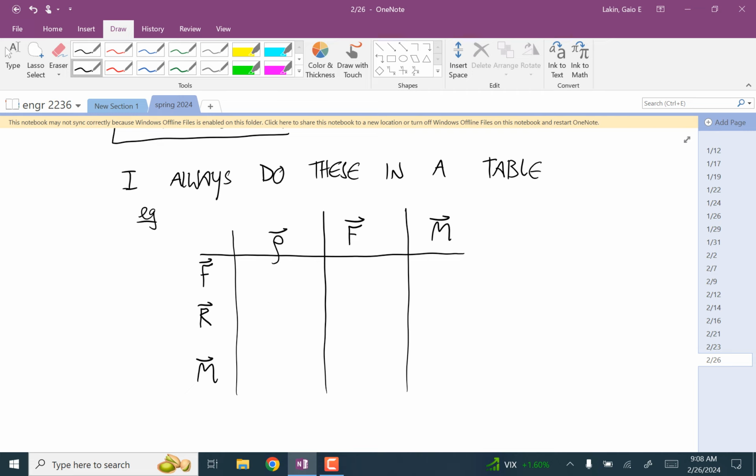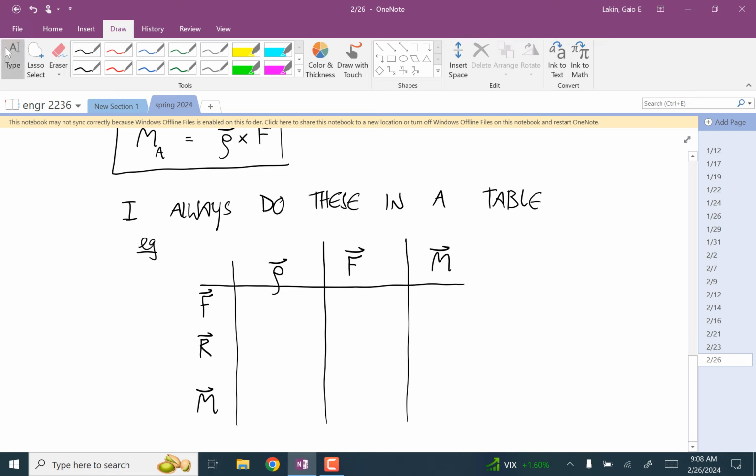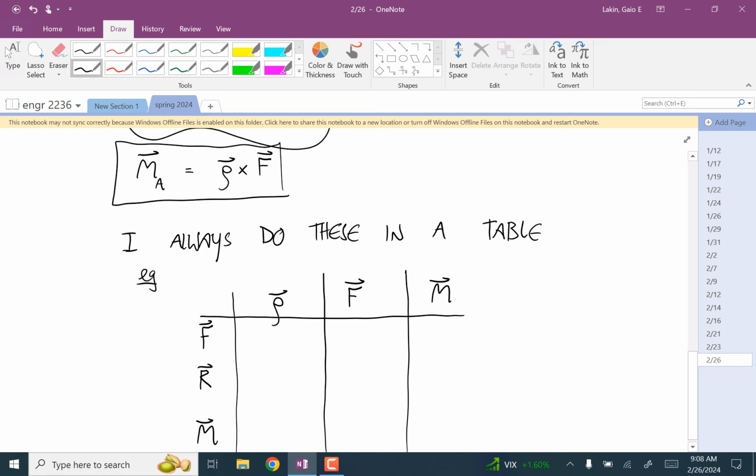The first thing you do for each force is figure out that rho vector that goes from the about point to where the force is applied. Let's say that's 0, 2, 1 for this one. And then let's say the force F is 0, 6,500, 0.